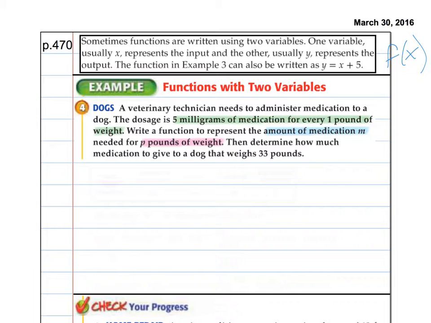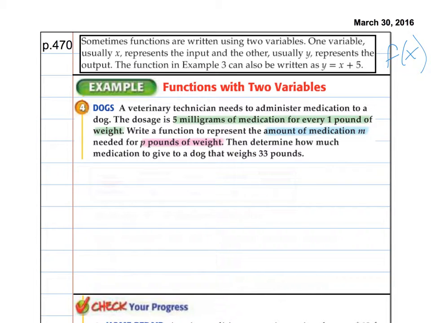Like if I go to the store, like I said in the last video, and I buy shirts, well, if the shirt costs $7, if I buy 1, my total cost is 7. If I buy 2, which is a different input, my total cost is 14, different output. So maybe this word problem won't relate to you as much, but be thinking about things where you change a certain value and your output also changes.